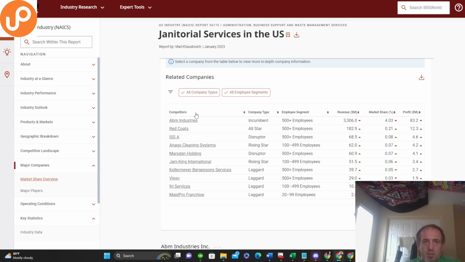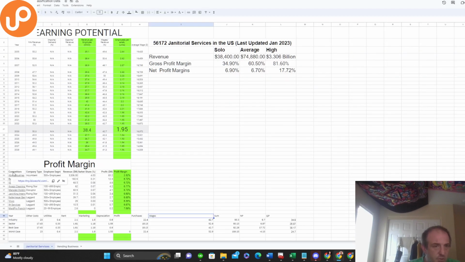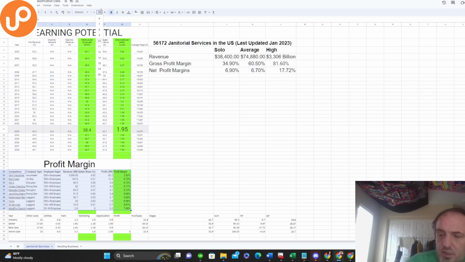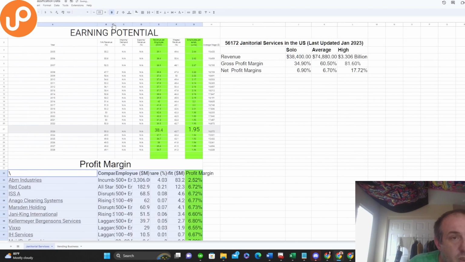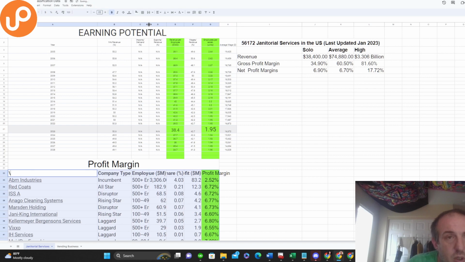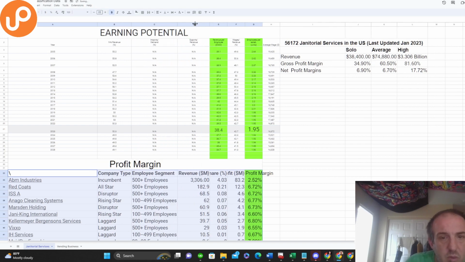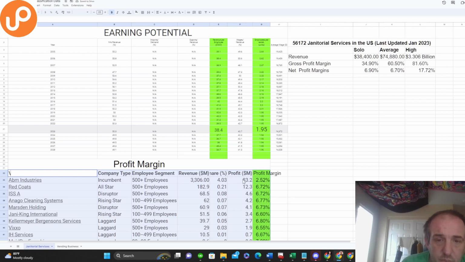You want to check here on the major company, the market share. You just want to copy and paste this and bring it in, which I have right here. I'm going to make it a little bigger so you can see. So specifically, I want to take the profit and divide it by the revenue to get the profit margin.